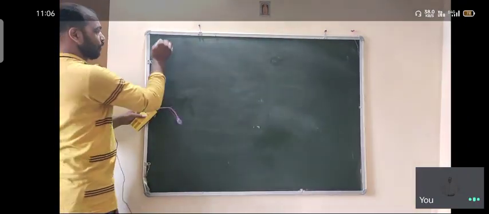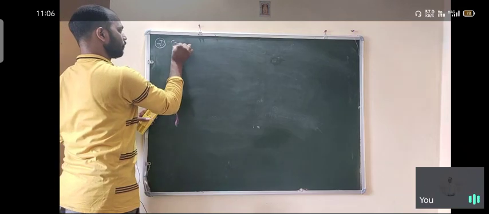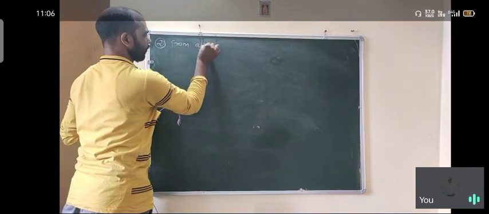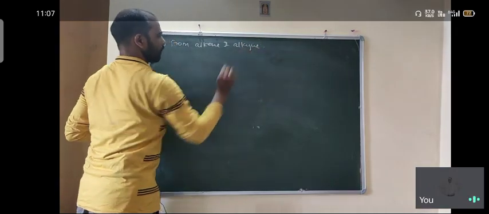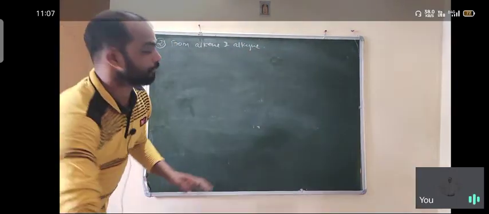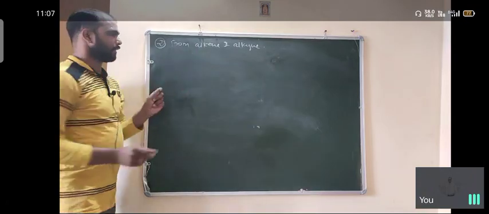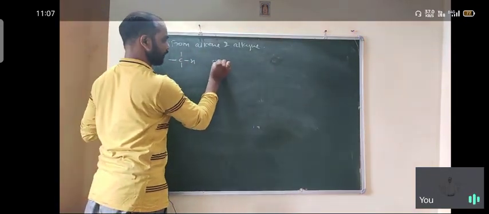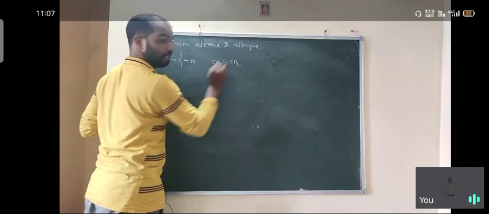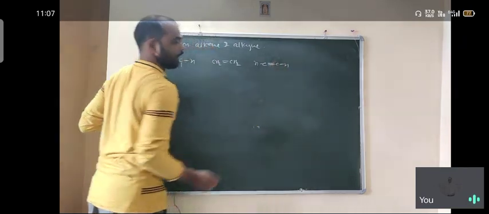Next, we are going to discuss the second method, from alkene and alkyne. You are all familiar with alkene, alkane and alkyne. Suppose I write here the alkene, CH2=CH2, and then HC≡CH is the alkyne.